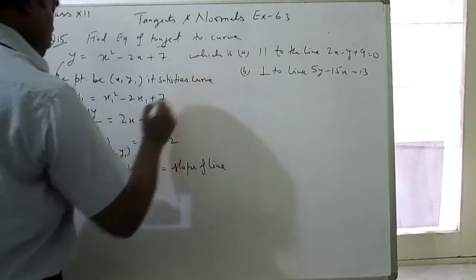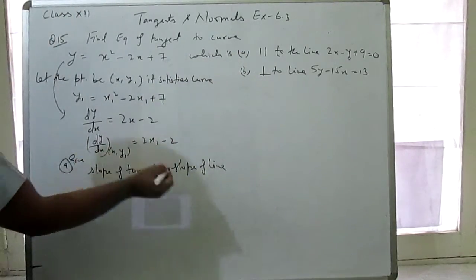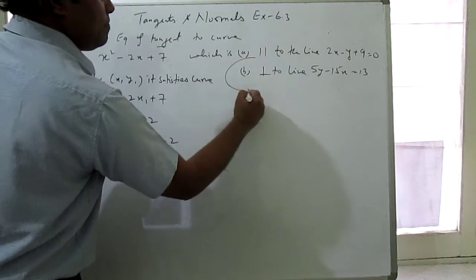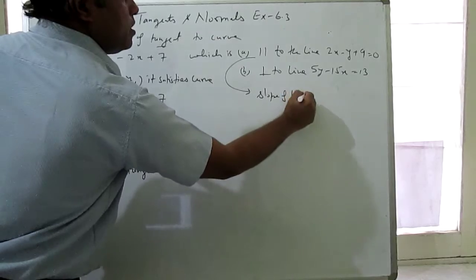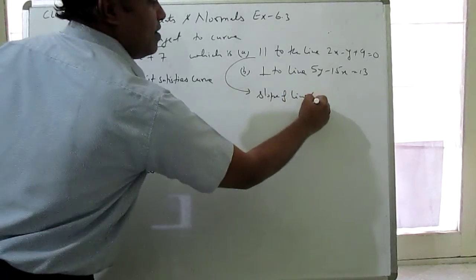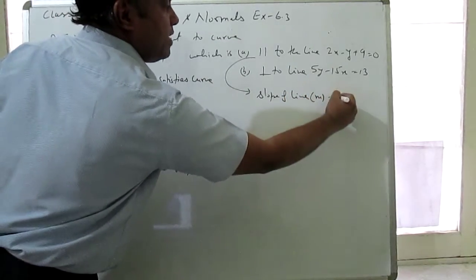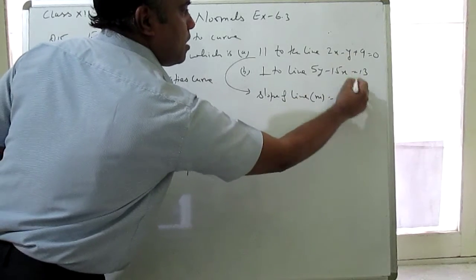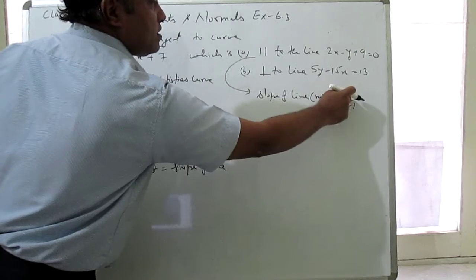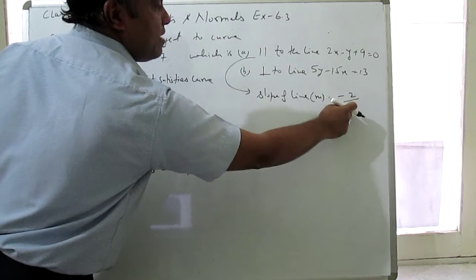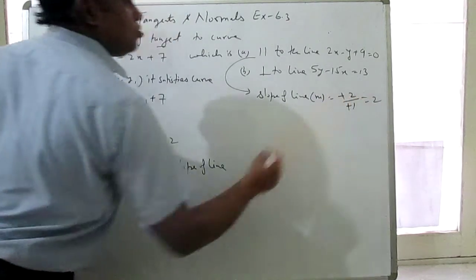Slope of tangent is this, and slope of line you can calculate here. क्या होता है? I will take m is equal to minus coefficient of x upon coefficient of y. Minus, coefficient of x का coefficient है 2 और y का है -1, so slope is 2.